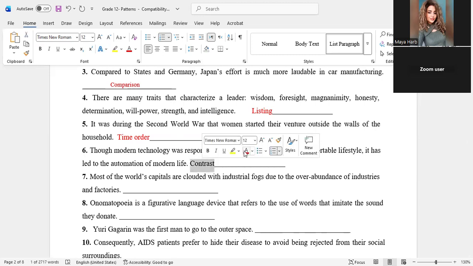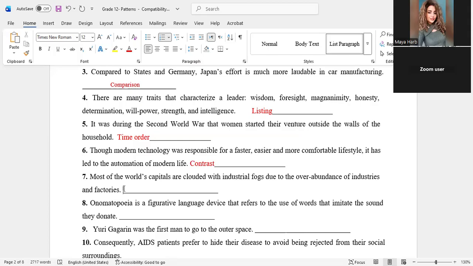Okay, and the key word that helped me guess is "though." Number 7: most of the world's capitals are clouded with industrial fogs due to the overabundance of industries and factories.